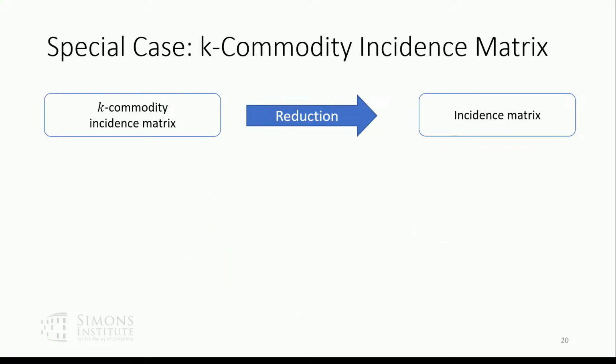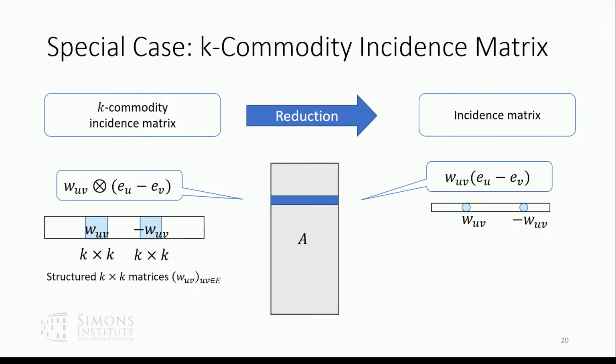Okay. So the special case of K-commodity flows. What we're going to look at are so-called K-commodity incidence matrices. And with a similar reduction as the one before, I'm going to reduce it to regular incidence matrices. Just as a reminder, a regular incidence matrix is a matrix where every row corresponds to an edge. And you can just say you have plus that edge weight and minus that edge weight in every row.